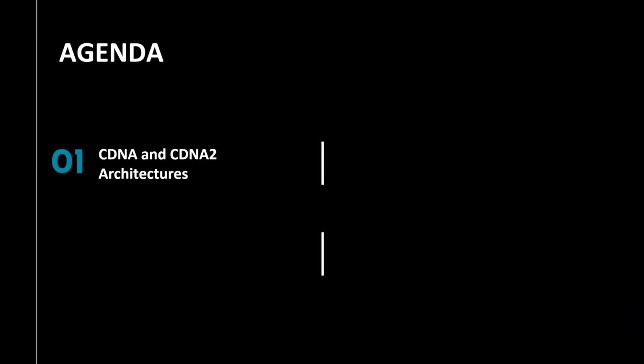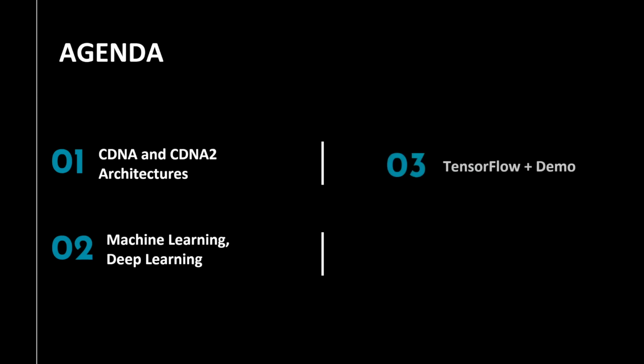What's the main difference between the two, and why you care about this in the ML environment. Then a very basic introduction to a little jargon: what is machine learning, what is deep learning, what is AI. Just to clarify, it's one slide, I promise. Then a demo on TensorFlow, a demo on PyTorch. That's it.